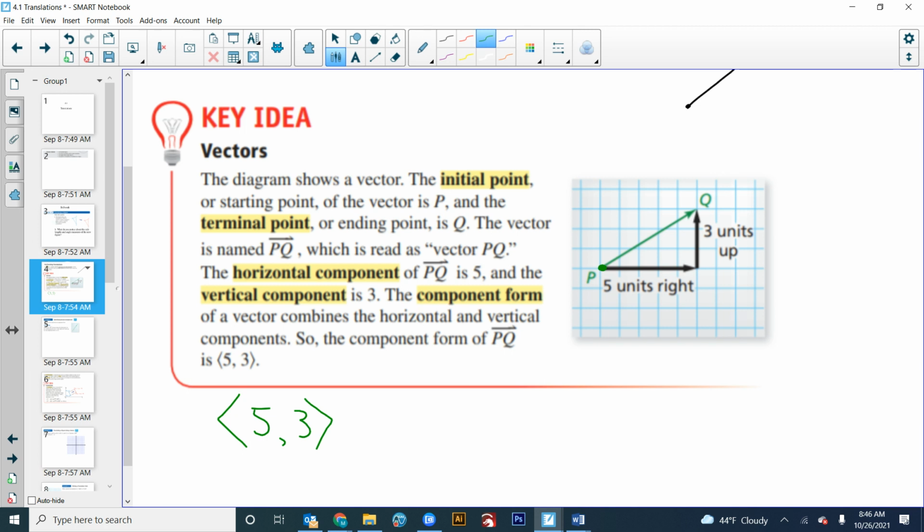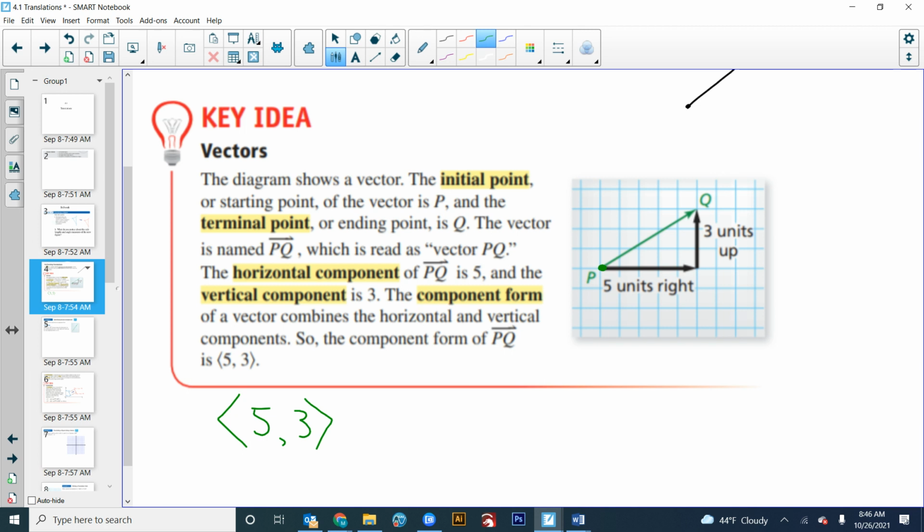That's the new A. Then B: move it 5 units to the right and 3 units up, and now we call it B prime. Then C, 5 units to the right, 3 units up, C prime. Now that's component form. If you were to find the length of that vector, you might have to use the distance formula or be told it.